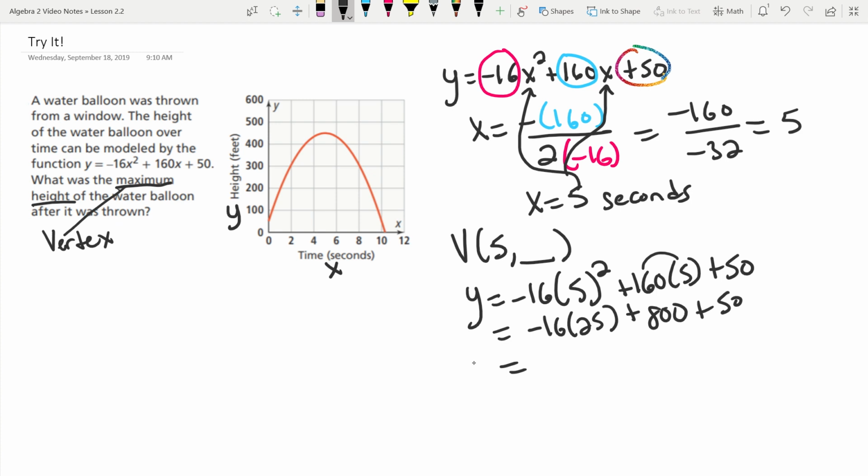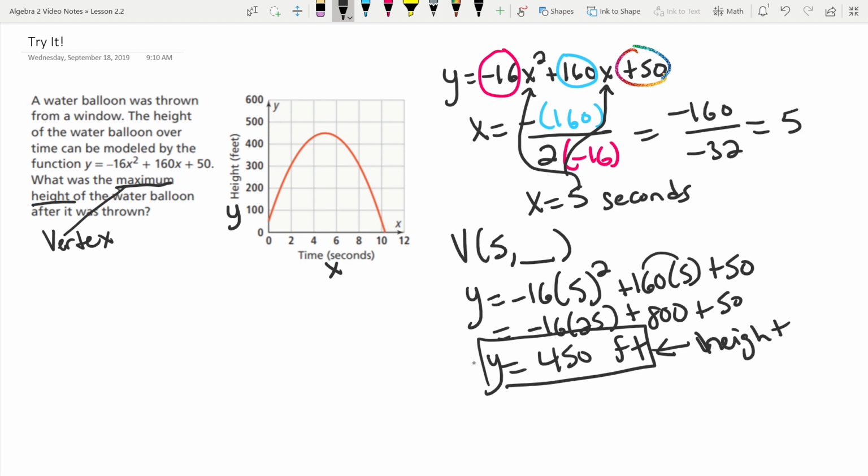I'm going to do this all at once on the calculator real quick. We get 450 feet. In this case, our height is in feet. So our vertex is 5 and 450, but all we need is the maximum height. So the answer is 450 feet is our maximum height after it was thrown.